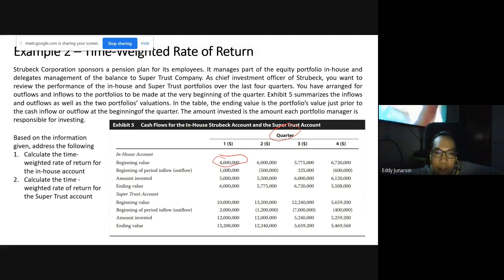There is an inflow of 1 million, so we started year one with 5 million. The ending value is 6 million. So what does it imply? We started with 5 million and we ended with 6 million.